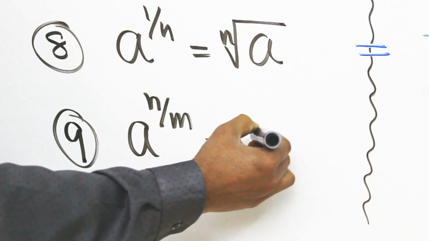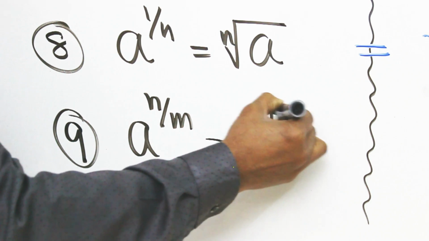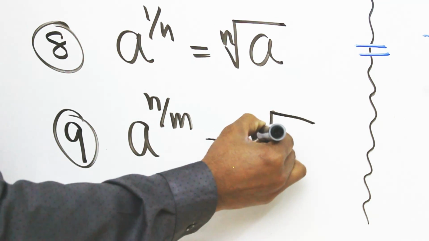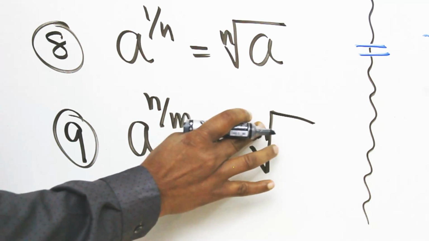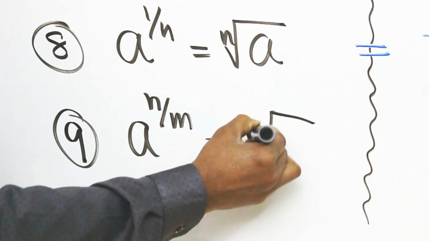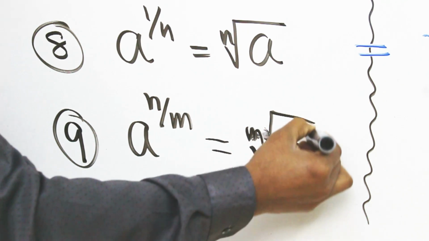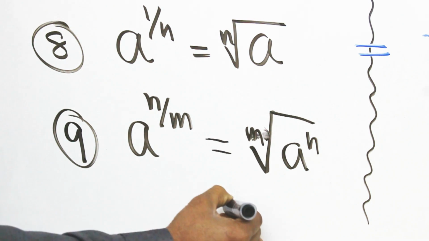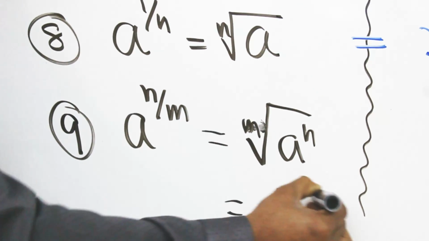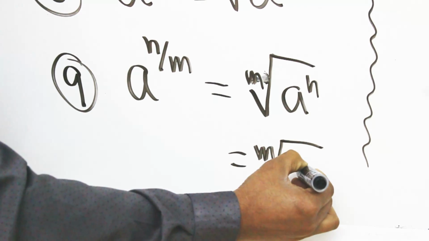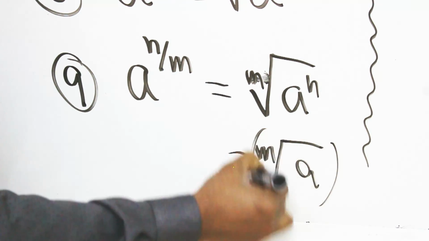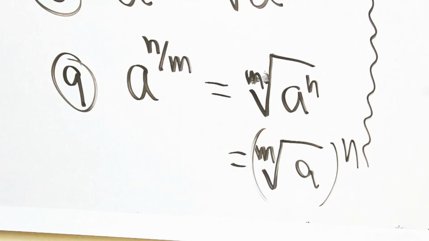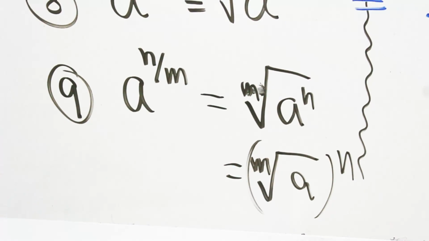We can write this as the mth root of a power n, or the mth root of a all power n. We solve it by using this.